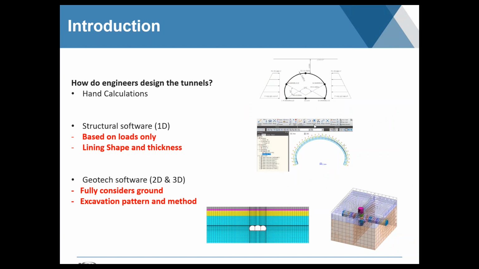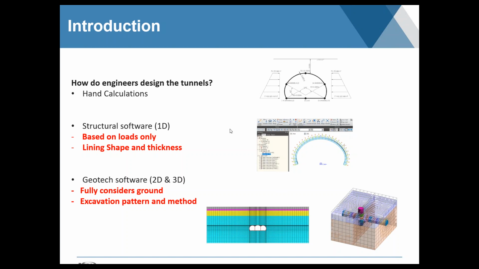More likely than not, what you end up seeing is a structural engineer use some software where they simplify a lot of things and model the ground simply as springs, and model everything else related to the earth and maybe some local conditions, even water, as pressure loads around the tunnel lining.